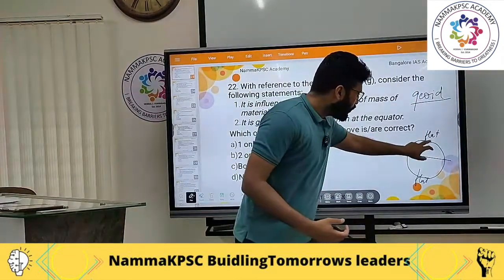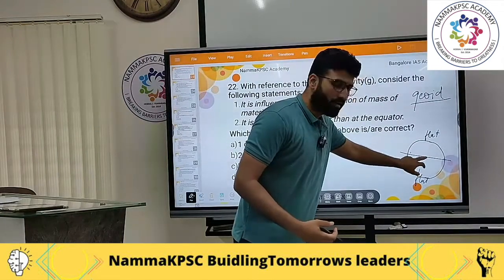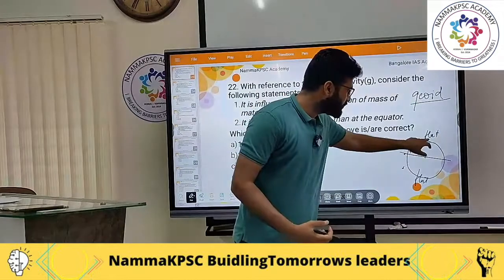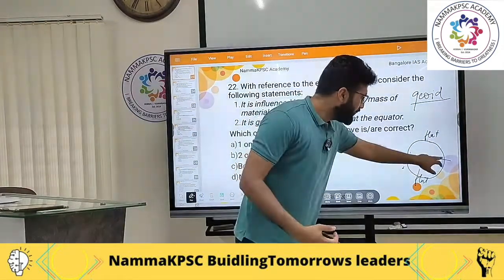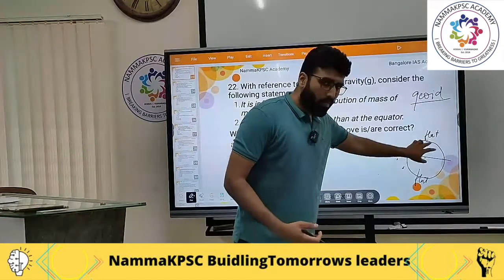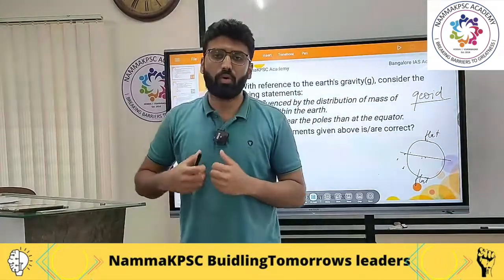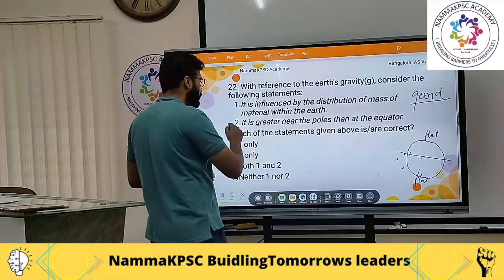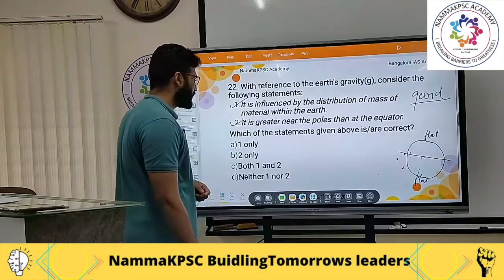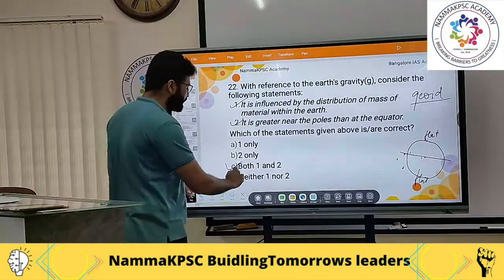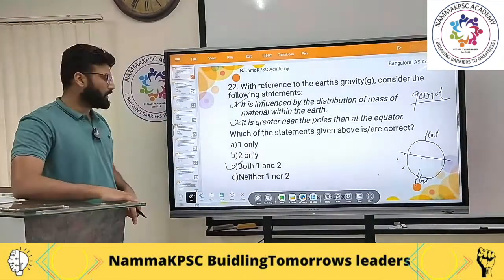Meaning, the poles are closer to the center when compared to the equator along the surface. Therefore, if you are at the pole, you will feel more gravitational pull. Therefore, it is greater near the poles than at the equator is also correct. So, which of the statements above is or are correct? Both 1 and 2.